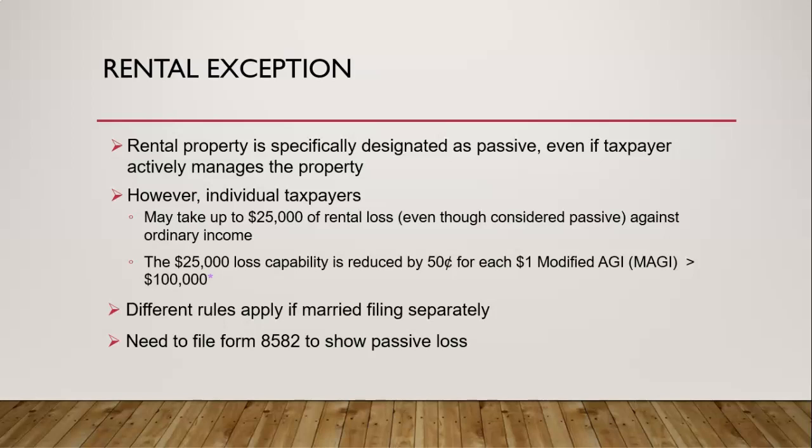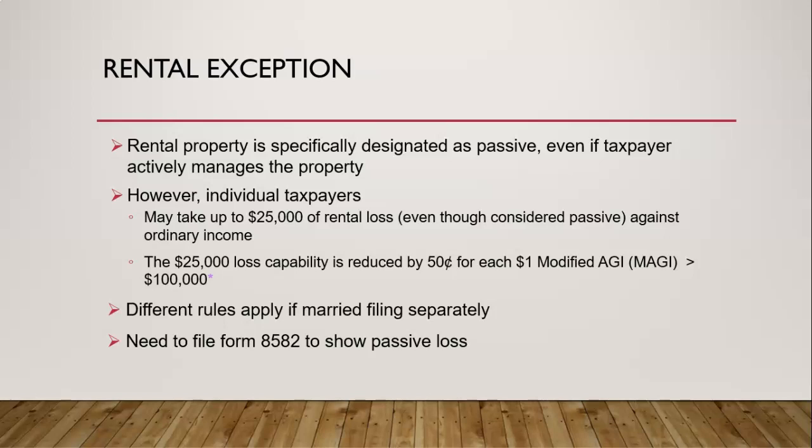That capability is reduced by 50 cents for each dollar of modified AGI, called MAGI, that is greater than 100,000. So if you make a lot of money, then you don't get as much of the $25,000 rental offset. This is mainly there to help middle income individuals who happen to have a rental house and got a loss from it to be able to use that loss right now instead of waiting until they sell that house.